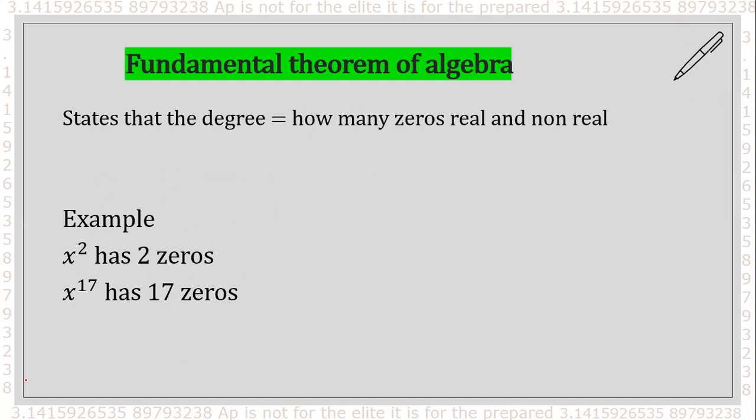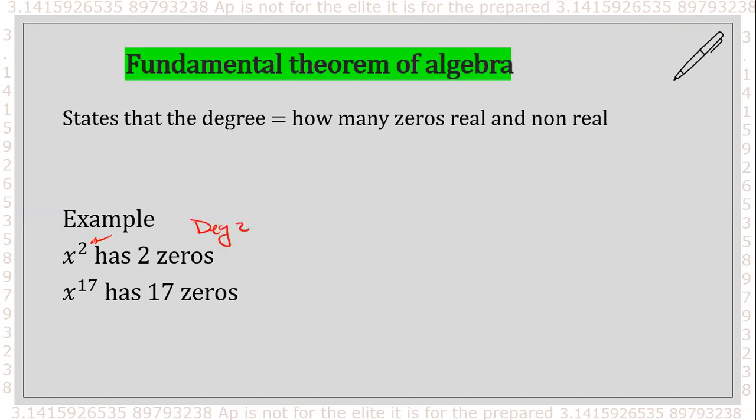So the fundamental theorem of algebra. Go ahead and write this down in your notes. So pause the video, write this down. The fundamental theorem of algebra is telling us that the degree means how many zeros we have, whether they're real zeros or non-real zeros, meaning imaginary and complex numbers. So when x is squared, the degree is 2, right?